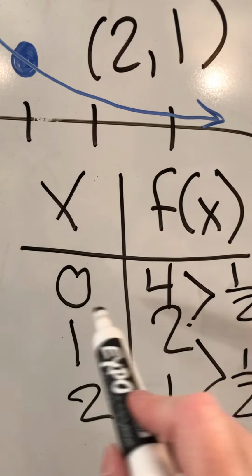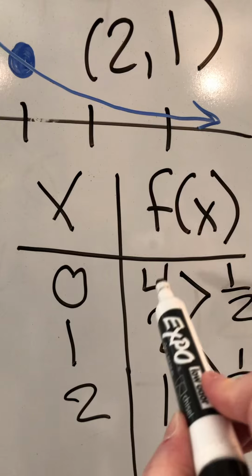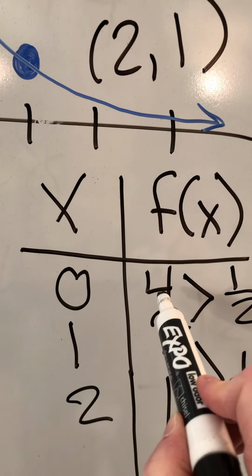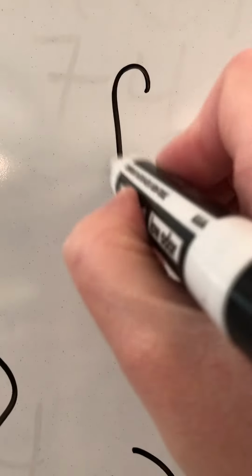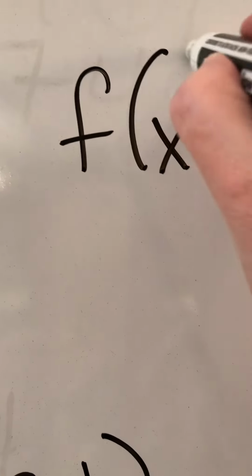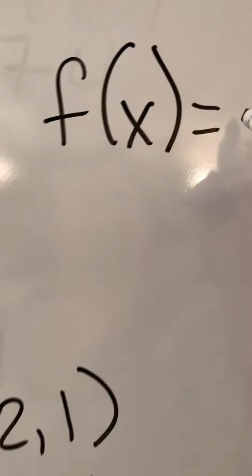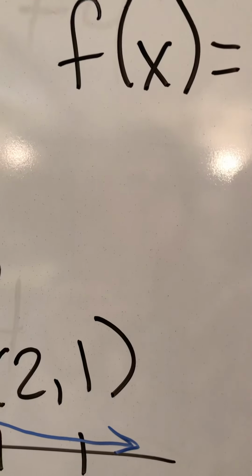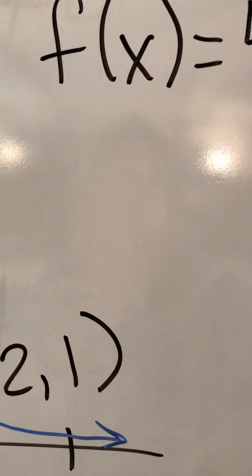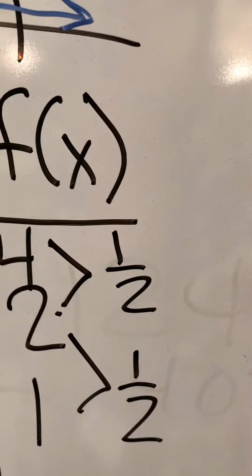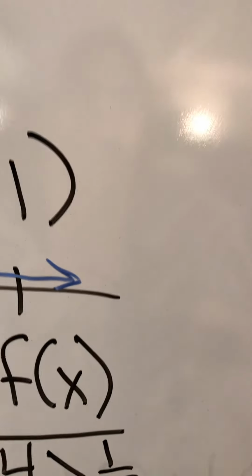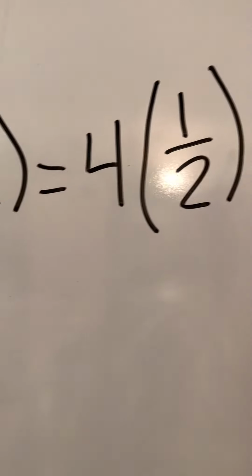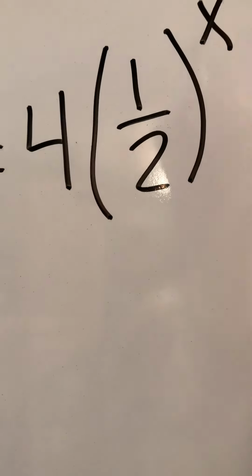And your initial amount is when x is 0, there's a 4 here, so this is your a. So when you put your equation together, you have f of x equals your initial value, which was a 4, and then your constant that we discovered down here is a half, and that is raised to the x power.